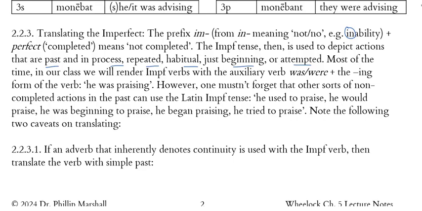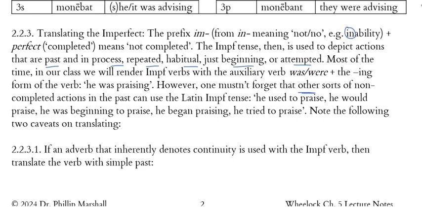However, and this is really important, one mustn't forget that other sorts of non-completed actions in the past can use the Latin imperfect tense. So I could also take the imperfect form that I could translate as he was praising, and I could also translate it in a variety of other ways. He used to praise. He would praise.